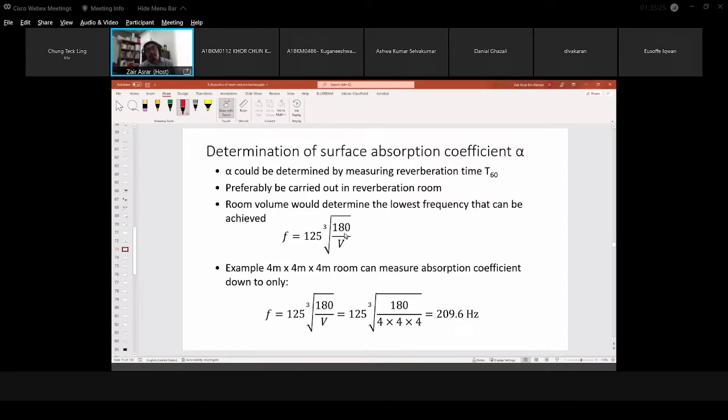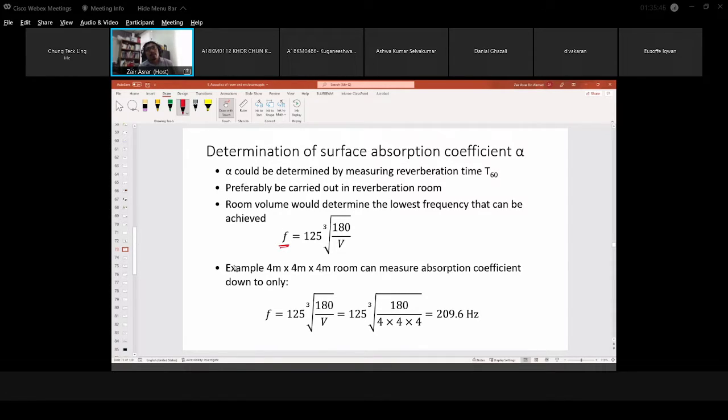We want the room to have a specific volume so that we can achieve this minimum frequency. Every room volume will have its own lowest frequency, so the frequency cannot go lower than this.